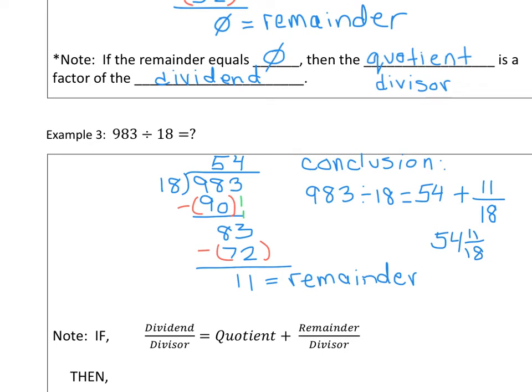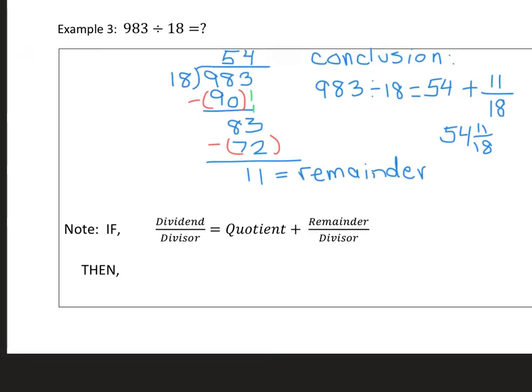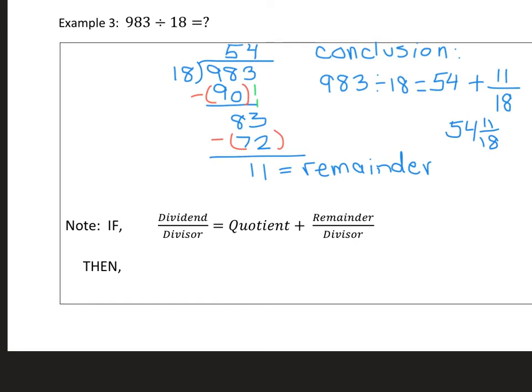All right, so let's observe here what happened in terms of the dividend, divisor, quotient, and remainder. So right here in our example, we have a dividend divided by the divisor, and the result of that is our quotient, 54, plus our remainder, 11, over the divisor.